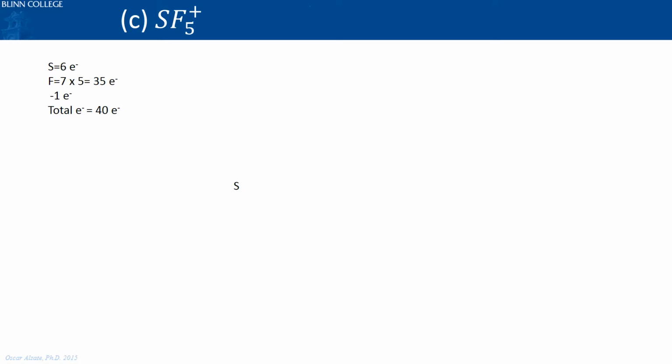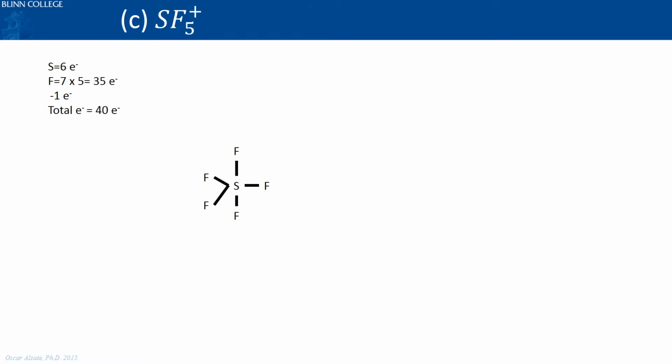Sulfur is going to be our central atom in this molecule because it is the least electronegative, fluorine being the most electronegative atom on the periodic table. Now we must surround our sulfur atom with our fluorine atoms, and we're going to arrange them like so.